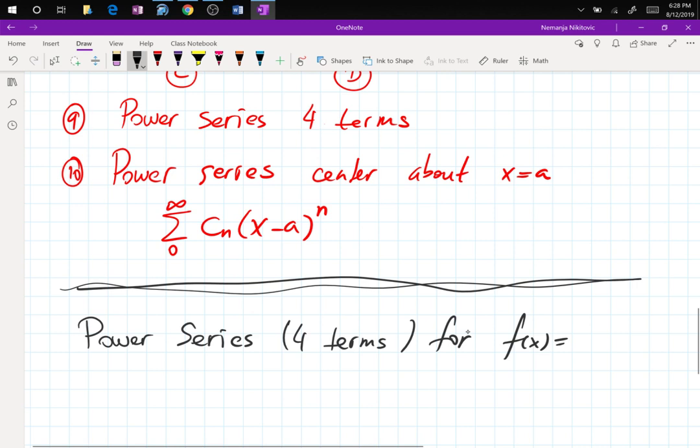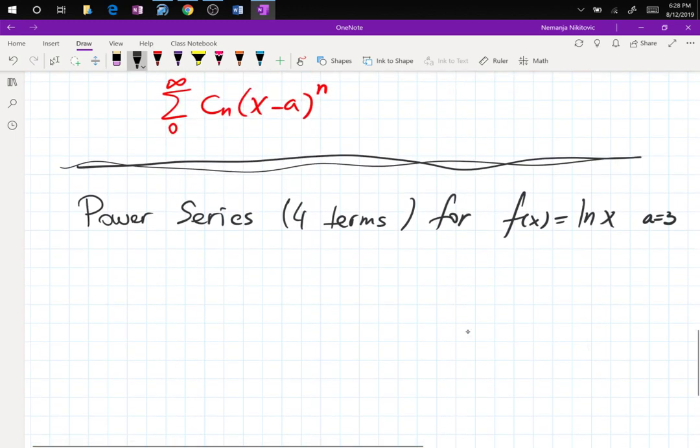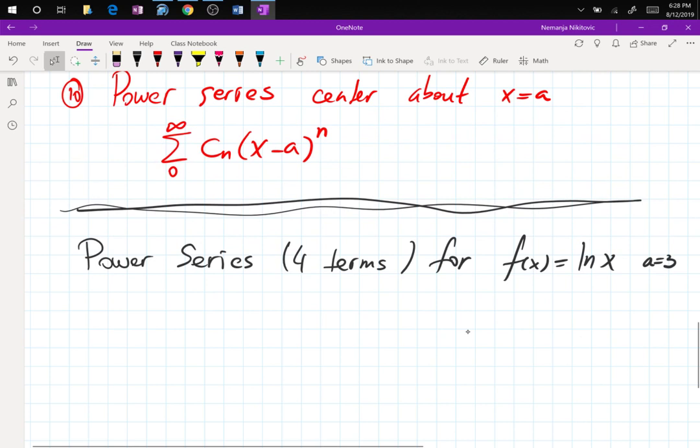Taylor series for ln x at a equals 3. Go.